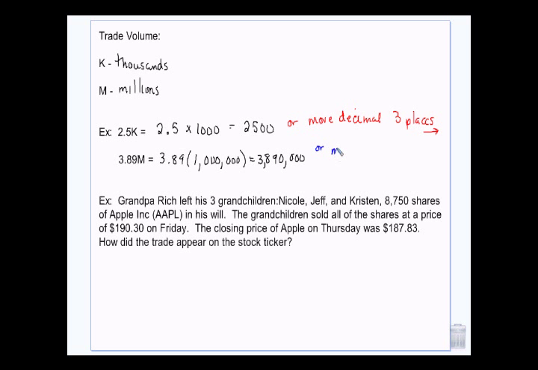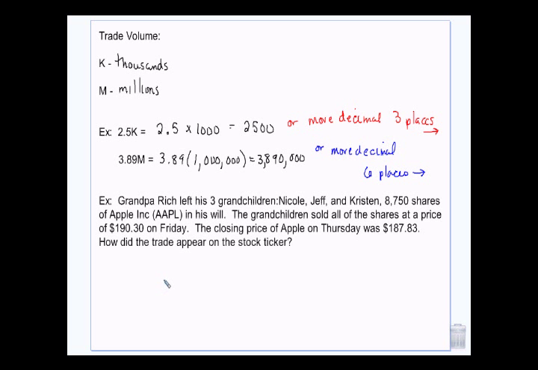Or you move the decimal 6 places. If you have to find the total volume of the trade, you can't multiply it by 3.9M. You want to multiply by the actual number.